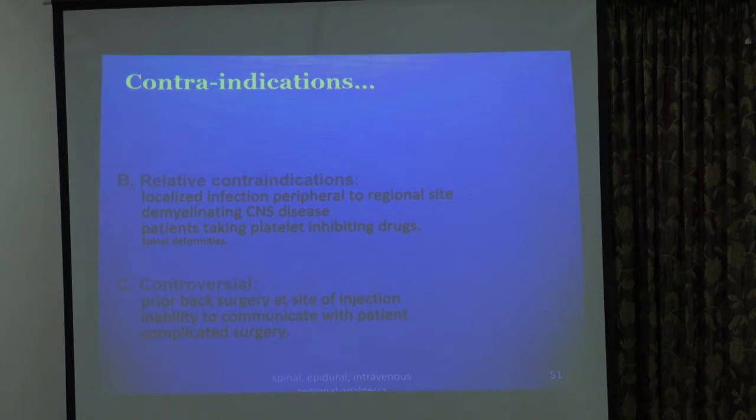Don't do a spinal in them, because the problem with them is that they are not going to bleed out and die, but they can bleed into the epidural space, and if they do, that clot can compress on the spinal cord and cause them to be paralyzed. And if such a thing happens and you don't decompress this clot within a few hours, they will be paralyzed forever.